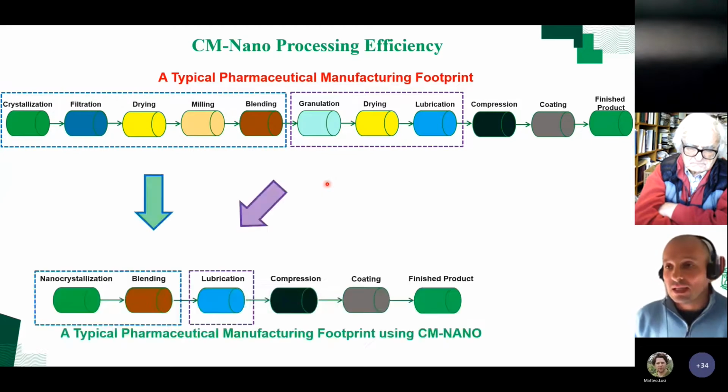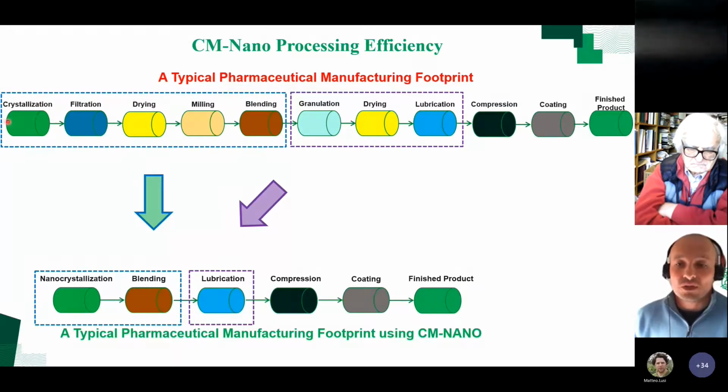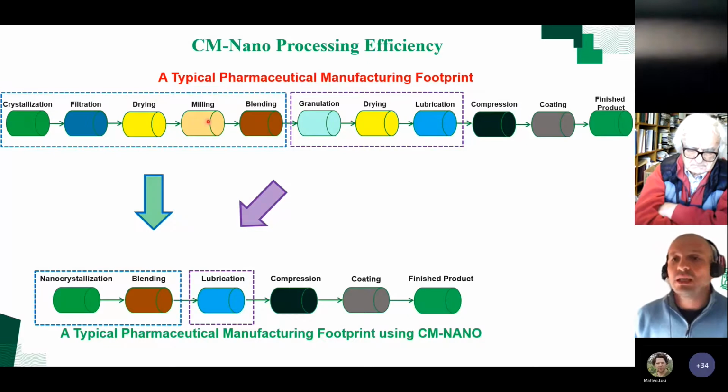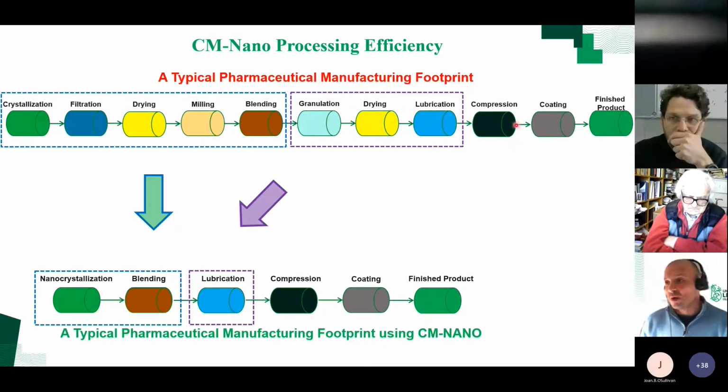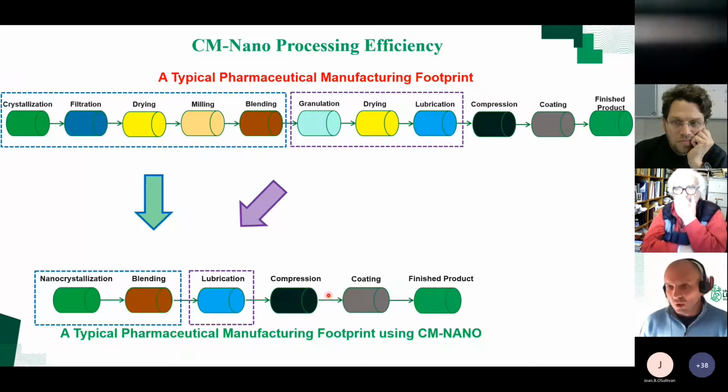In theory, this allows us to convert a typical pharmaceutical manufacturing footprint, which goes from crystallization to filtration, drying, and milling to break the crystals down into the right size, until you end up with the finished product, into a manufacturing footprint which has much fewer unit operations.